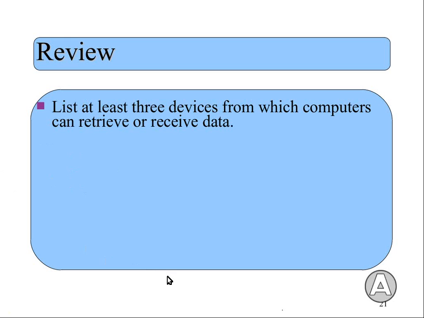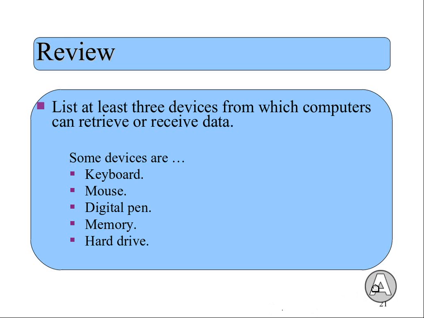Can you list at least 3 devices from which computers can retrieve or receive data? Well, some obvious examples are the keyboard and mouse, or less obvious things like digital pens, or memory, or hard drives.